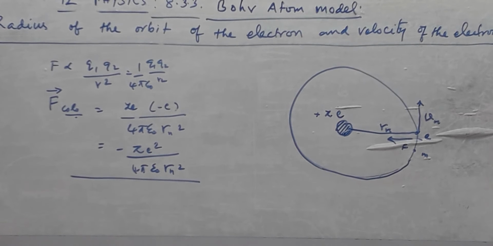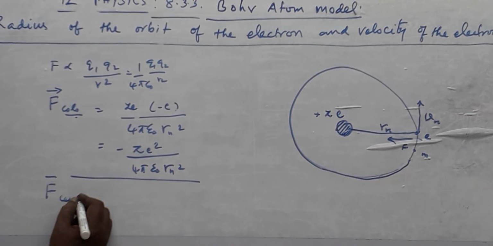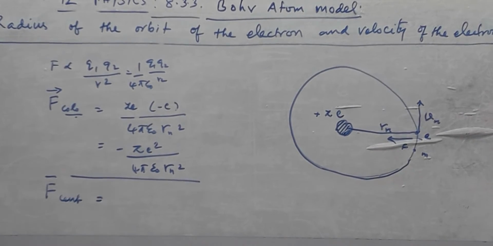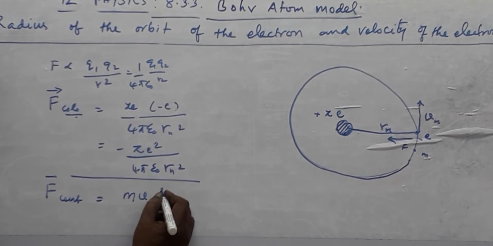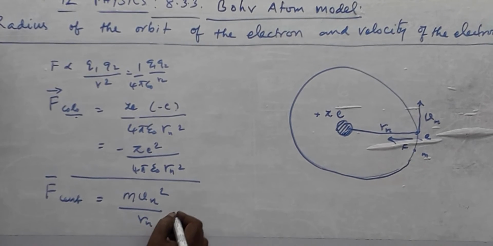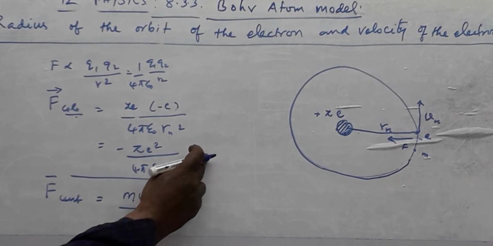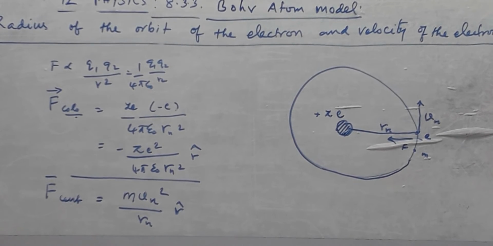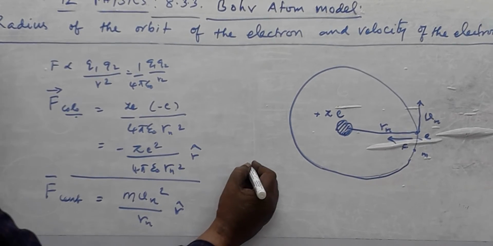Therefore, we can write the force vector F due to the centripetal force as equal to m v square by r, here m vn square by rn, with r cap. Here we are putting r cap for the purpose of the unit vector.